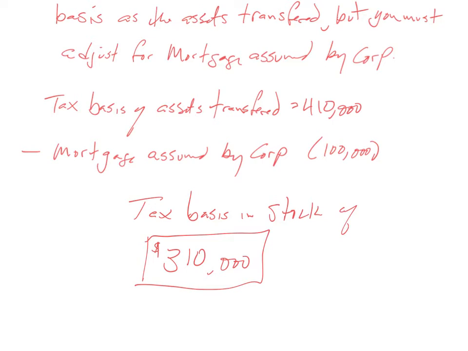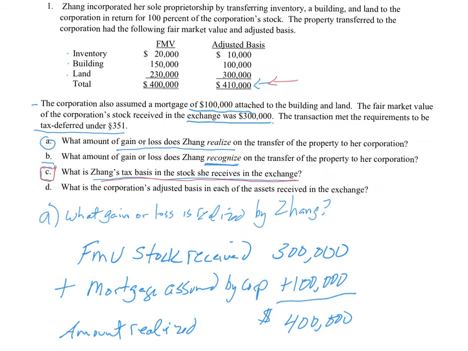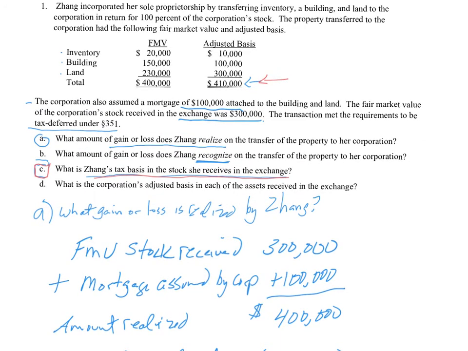All right. So finally for this video, let's look at part D, and then I'll post part 2 with the other parts. We got to scroll all the way back up. Part D asks, what is the corporation's adjusted basis in each of the assets received in the exchange?